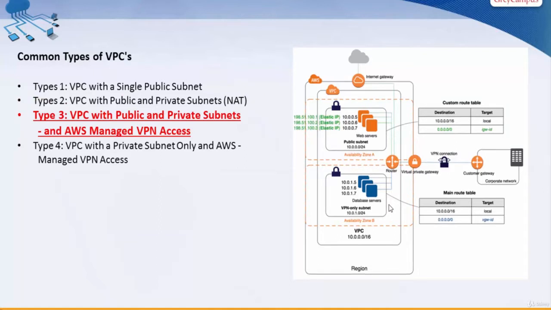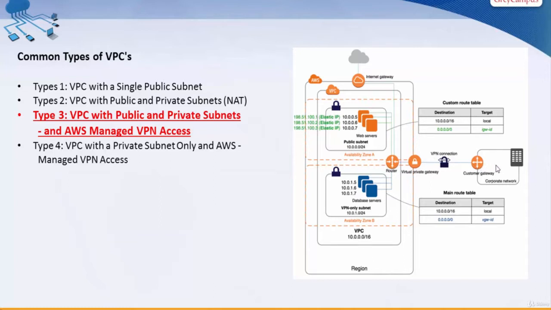The third type is, look at this, it not only has a public environment, it not only has a private environment, but it also has a corporate environment, meaning there is a new connection, or the VPC is now part of the corporate environment.